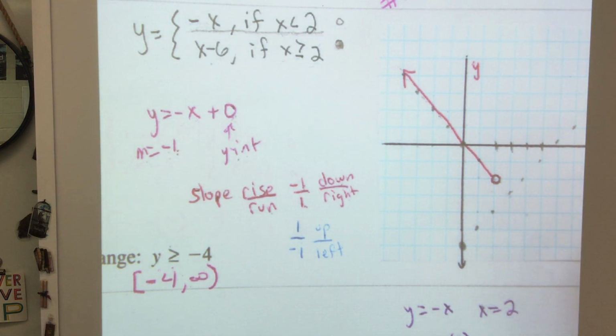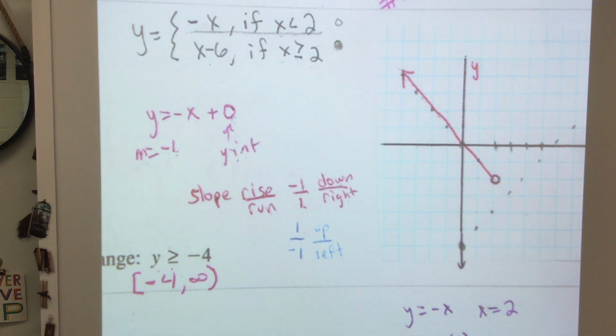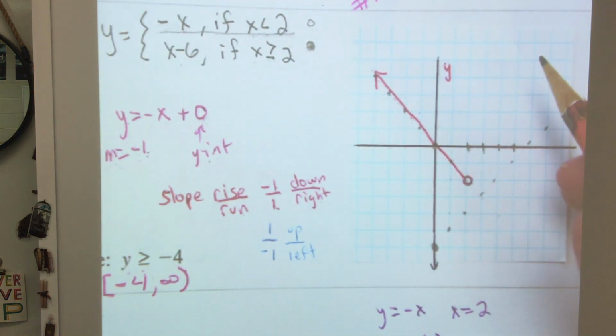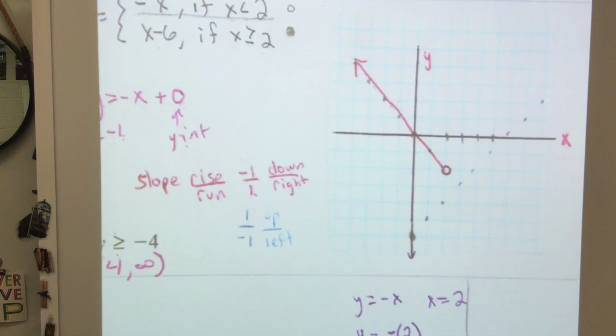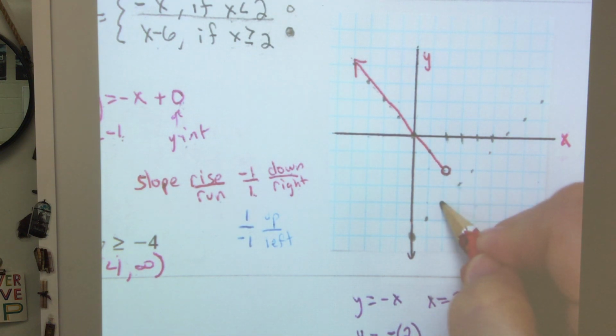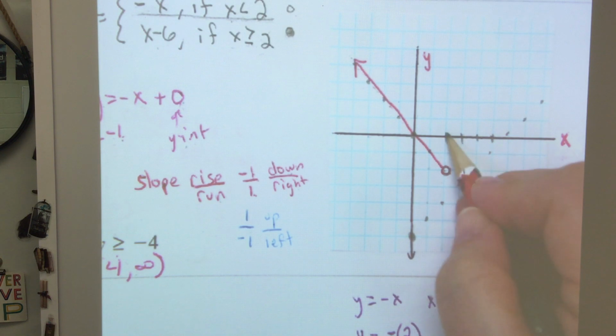And I'm just going up just to show that it is a linear equation. And I can do the same thing that I did down here for my first point, and I can plug in 2 to see where, I think it's going to be negative 4 because this is where the point is, where 2 is.